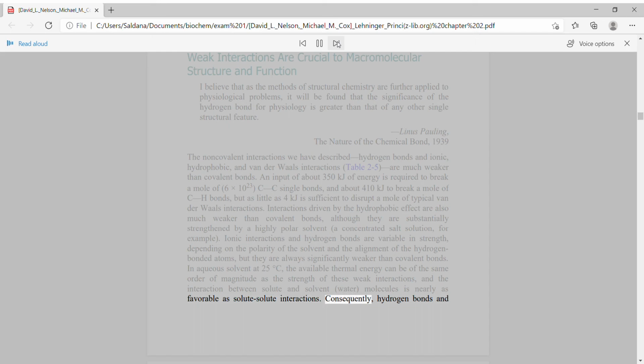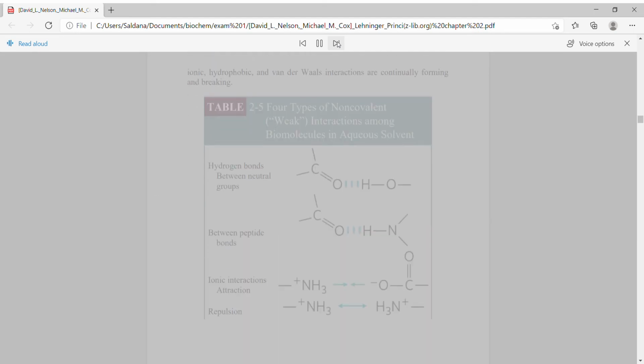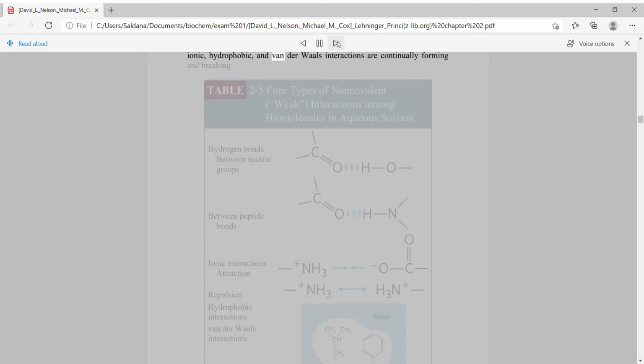Consequently, hydrogen bonds and ionic, hydrophobic, and van der Waals interactions are continually forming and breaking. Table 2.